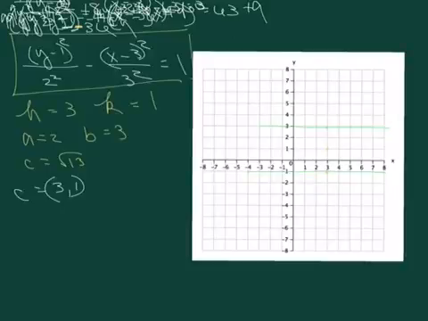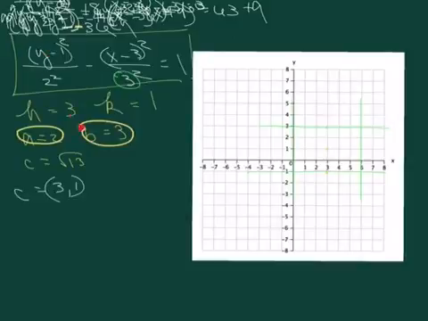So let's find b. My b is 3. So I'm going to make 3 from my center to the left and to the right. Okay. So there's that. Now knowing that my a was 2 and my b was 3, that's telling me how far above and below I am from the center point.